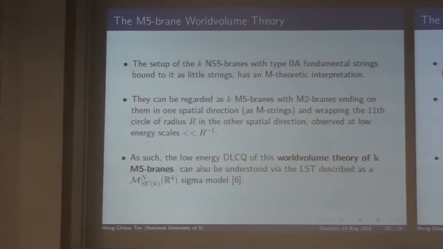Which means if you're looking at the low energy regimes of the M5-brane with these strings ending on it, and the BPS states which saturate the lower bound of energy, then we could use the description of little strings to describe the BPS sectors of the M5-brane world volume theory, in the DLCQ framework.